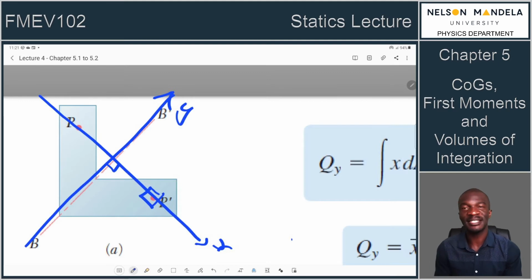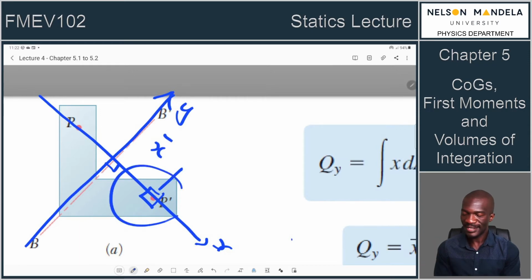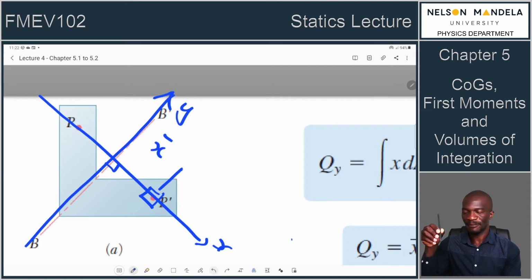Its perpendicular distance from the y-axis, which would be this, let's say, x bar position. So if you're looking at the moments on the right hand side, remember we said for areas we can assign plus for into the page or minus and stay that way. So this side P prime would generate a moment that is anti-clockwise about the y-axis, right?